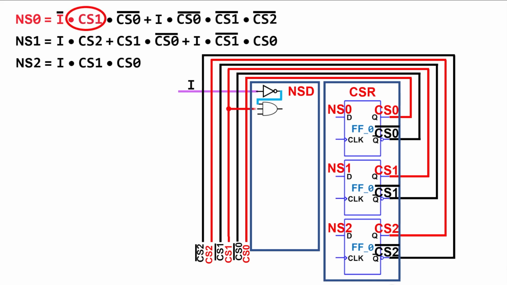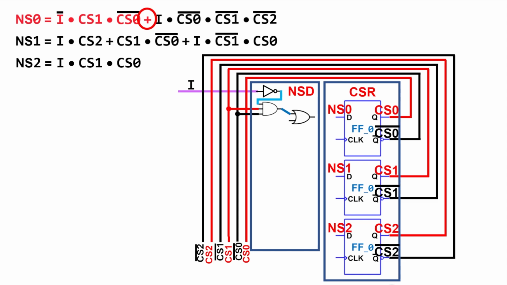Plugging that into CS1. And then plugging it also into not CS0, which is that black line right there. And we're going to OR that, so we're going to need an OR gate, but we're only ORing two terms here, or expressions, I should say. So there's our double input OR gate.